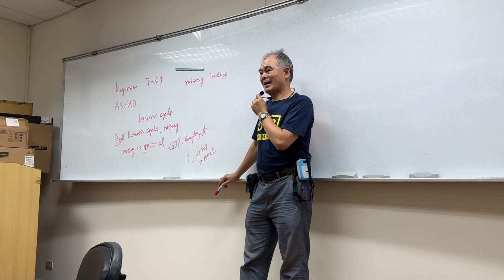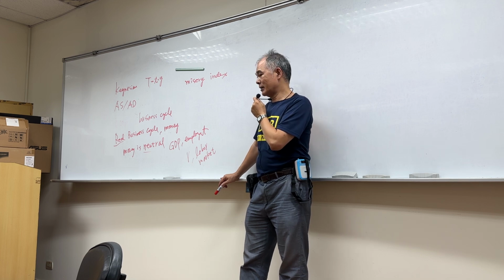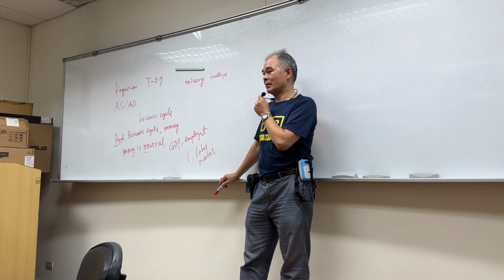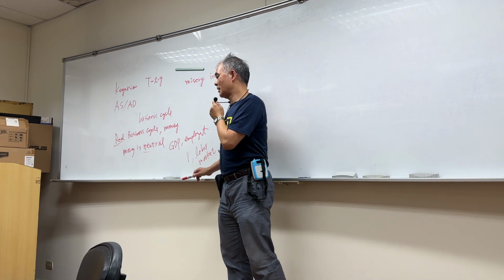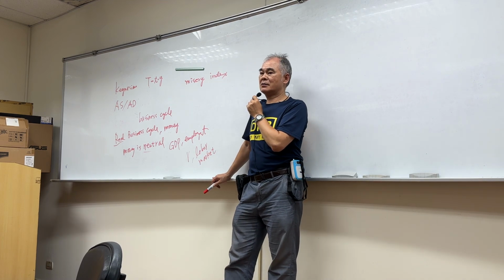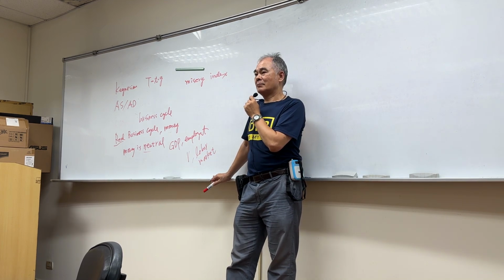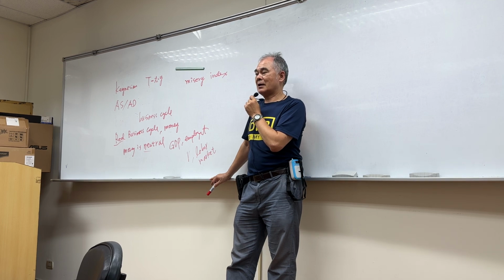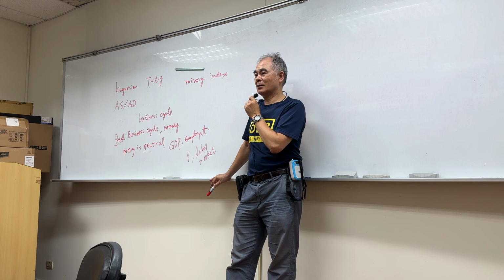For the neoclassical school, or we call it the classical school, they believe that in the short run, money may have some impact, but in the long run, there's nothing there. Keynes cannot quite agree with that. And he said, in the long run, we are all dead. So it's kind of stubborn.